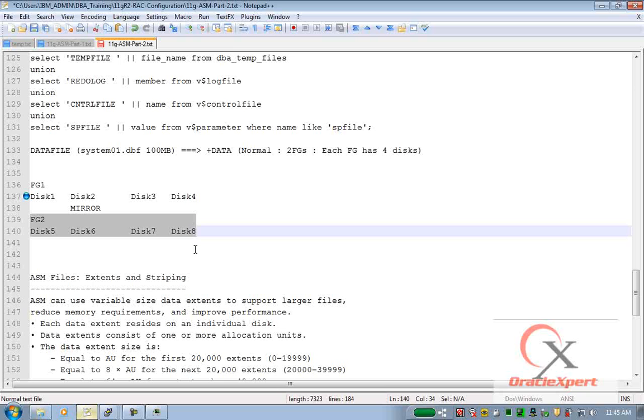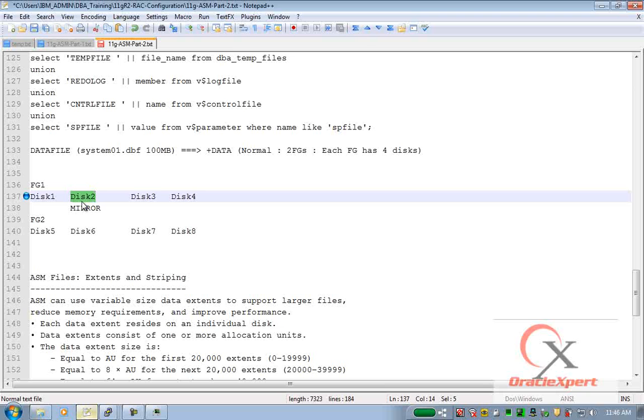So we are looking for redundancy, not a disk to disk mirroring. We are looking at only maintaining the data in a redundant manner. So if one of my disks fails here, then the data can still be retrieved from the other failure group. There is no disk to disk correspondence in this case.